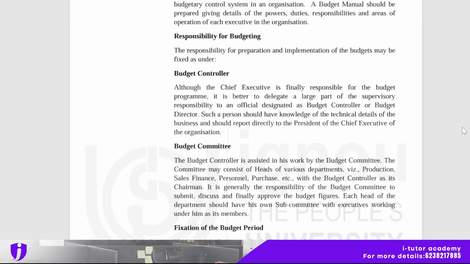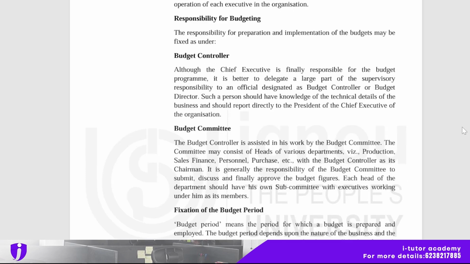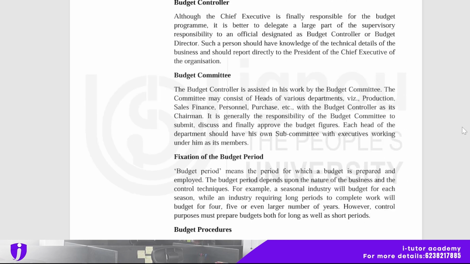Responsibility for budgeting. The responsibility for preparation and implementation of budget may be fixed as under. Budget controller. Although the chief executive is finally responsible for the budget program, it is better to delegate a large part of the supervisory responsibility to an official designated as budget controller or budget director.